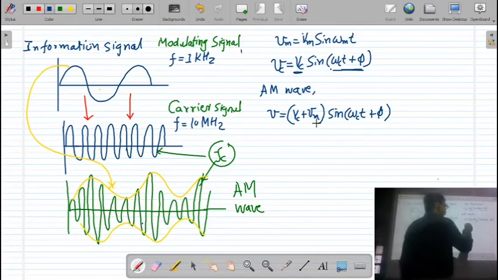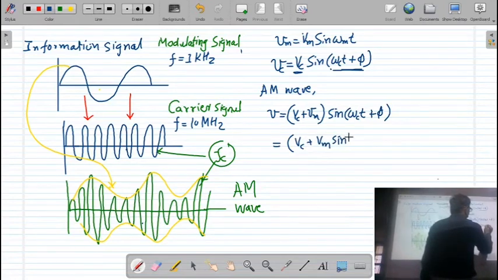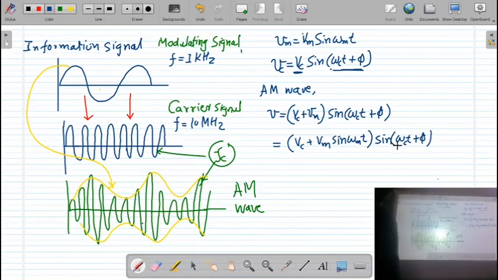Now, if we open the bracket, we write Vm sine omega mt into sine omega ct plus phi. Correct?